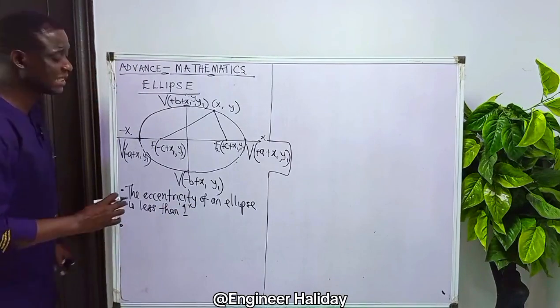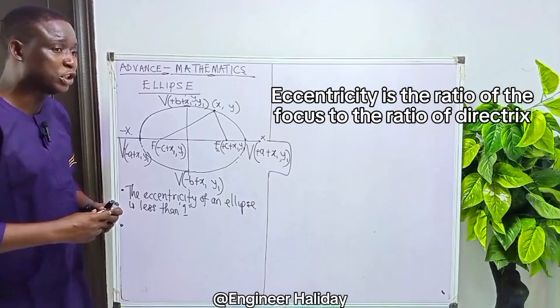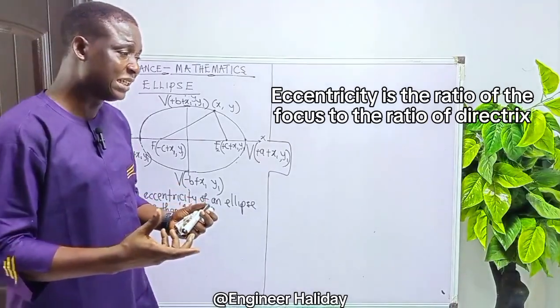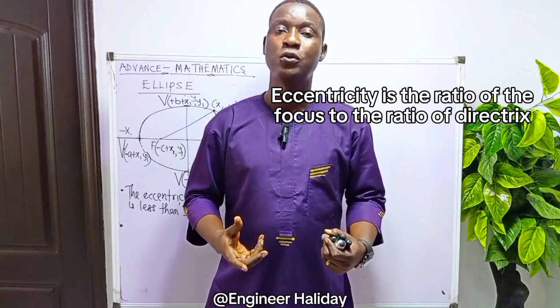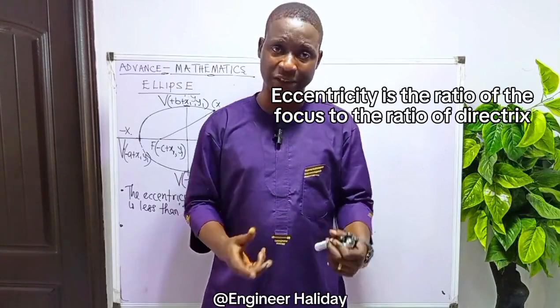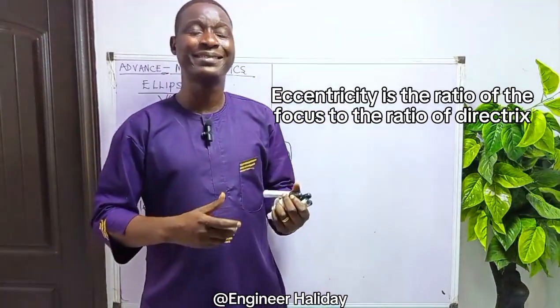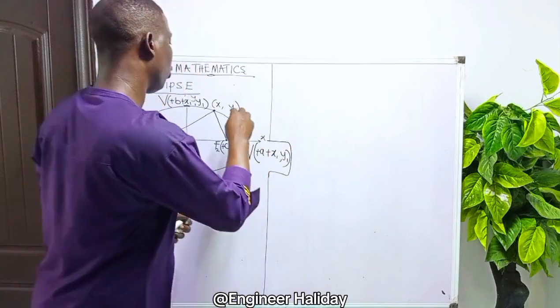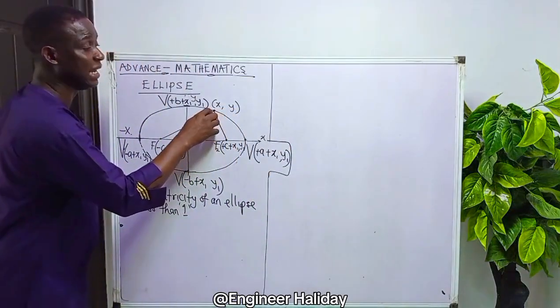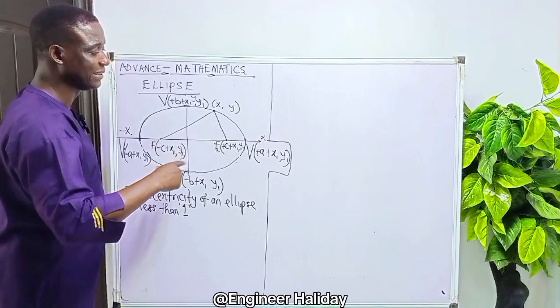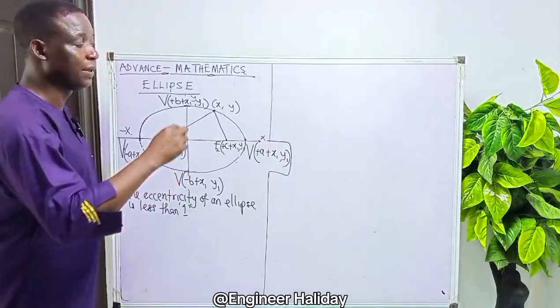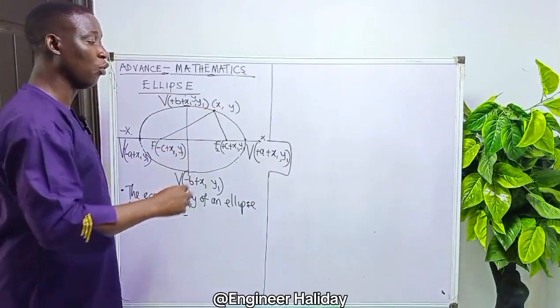Eccentricity is the ratio of the distance between a point on the ellipse and the focus, divided by the distance between the point and the directrix.